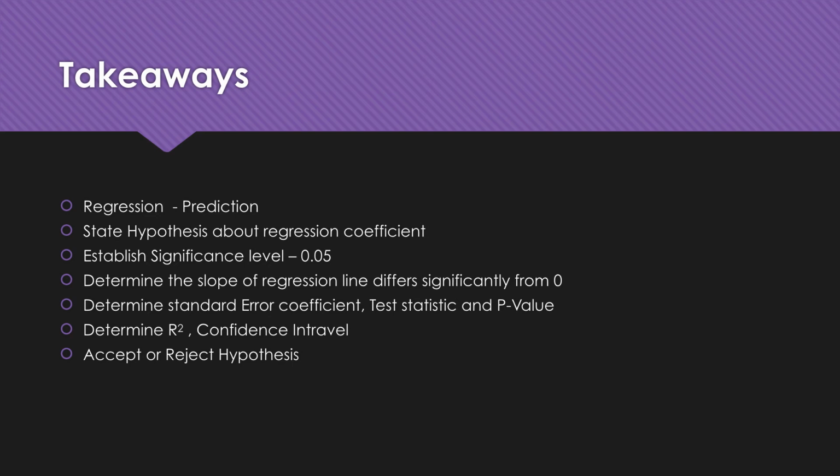To do that, we need the standard error of the coefficient and the test statistic, and we can calculate the p-values. There are many tools which can do this, and PSPP is one of them. Finally, we determine the r squared and the confidence interval. Once we have all this data collected, we can decide whether to accept or reject the null hypothesis.